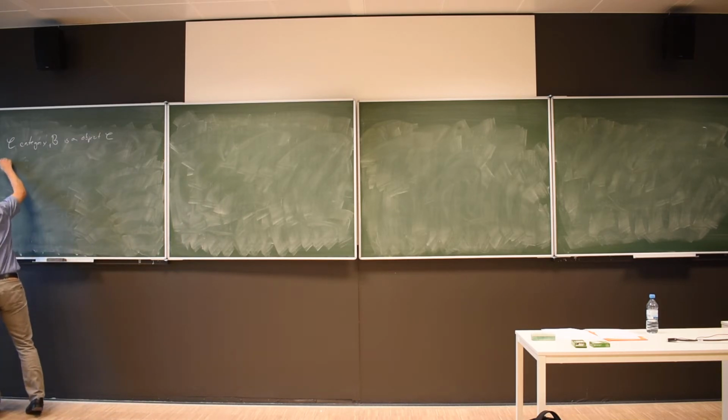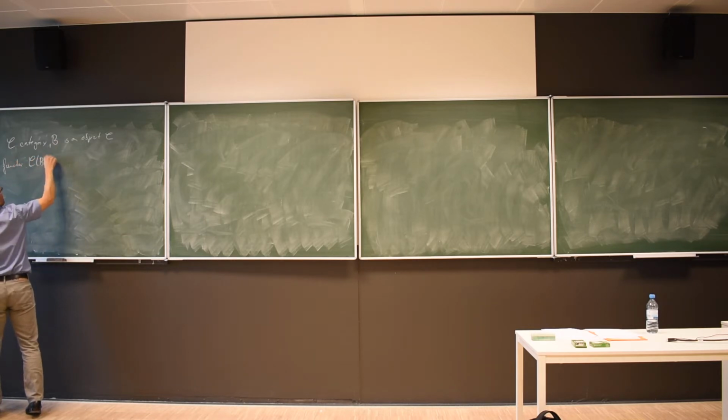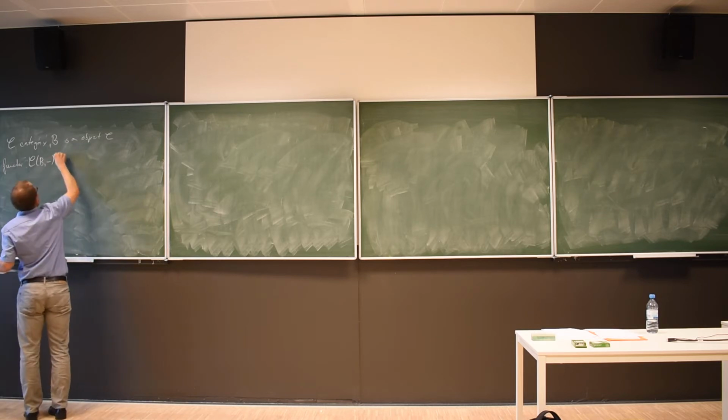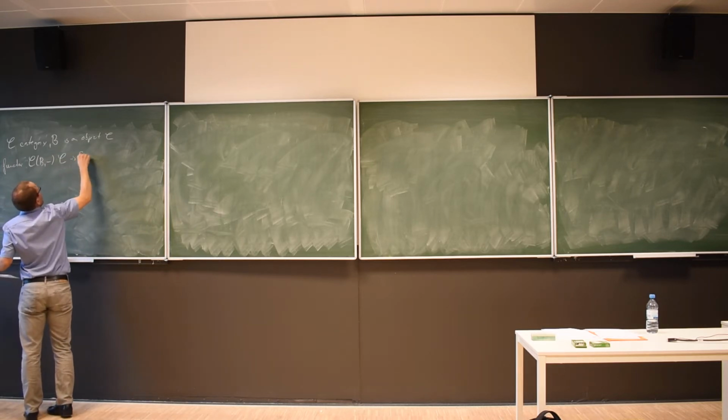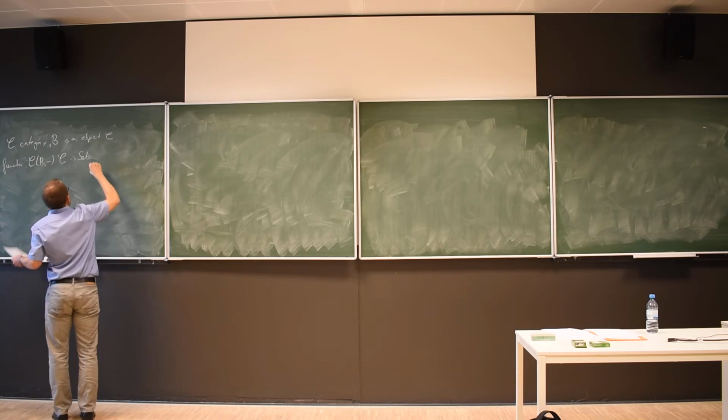We get a functor that's usually denoted by C(B, -), and that's a functor from C to the category of sets.